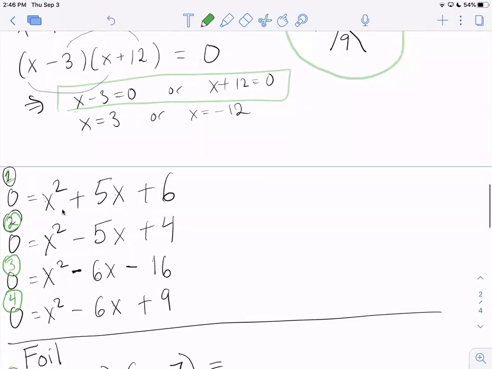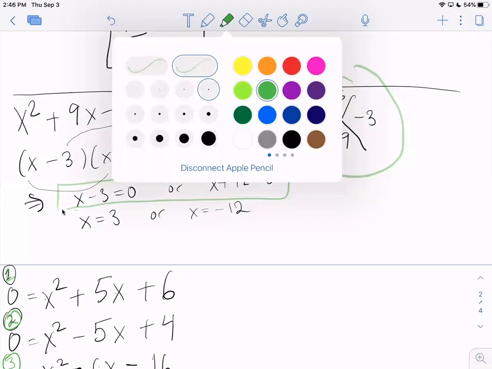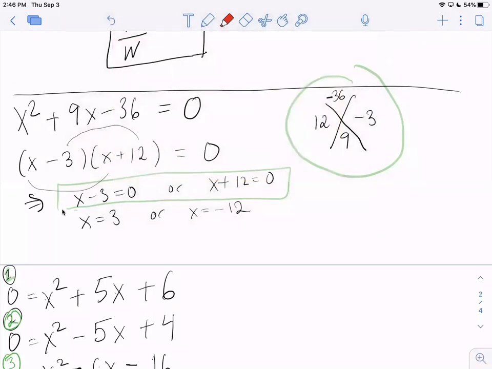Okay, gotcha. So in the X method, the number on the top is usually the last one. This is the product, the last number in the quadratic, the constant.